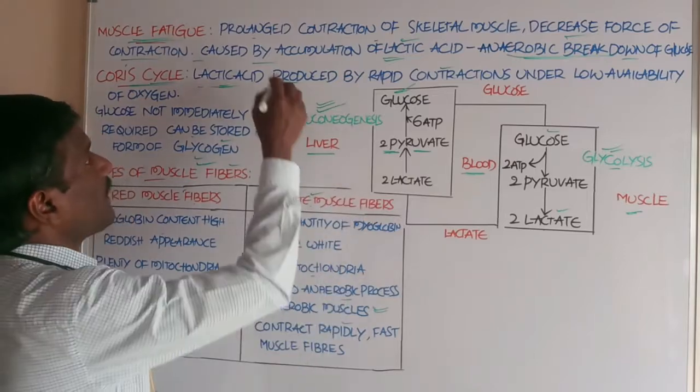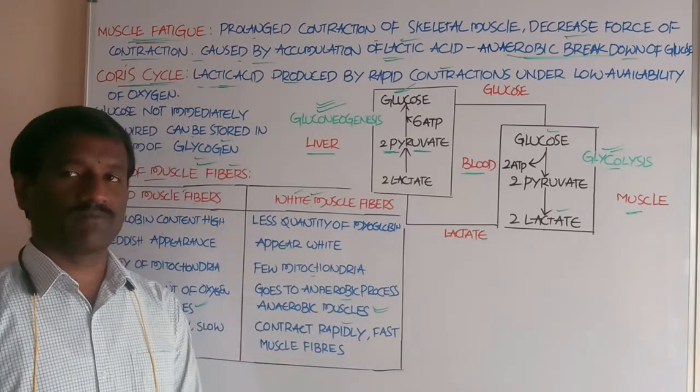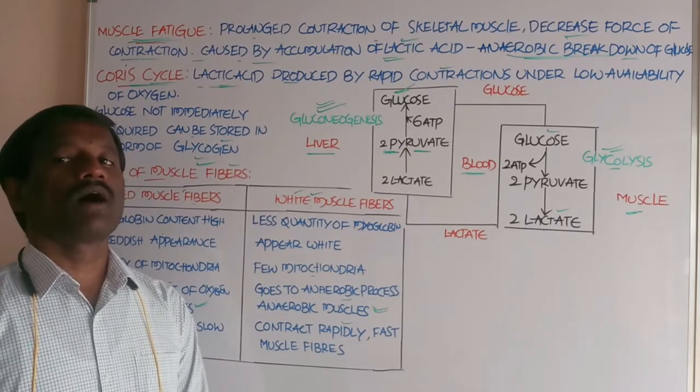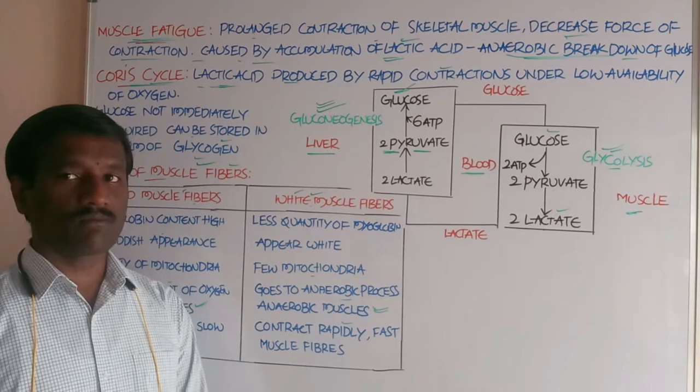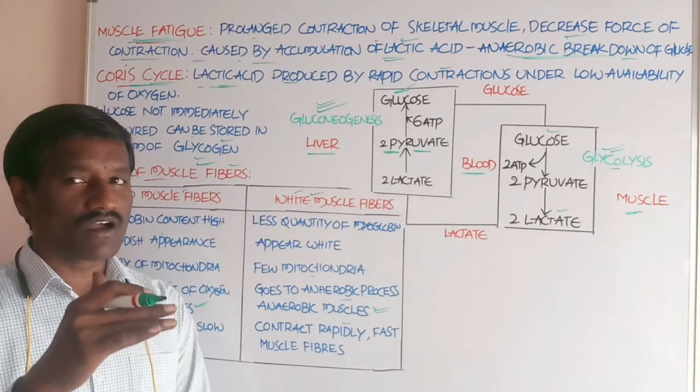Next, it is caused by the accumulation of lactic acid in the muscle. Lactic acid forms due to the prolonged contraction of the muscle, and it decreases the contraction.